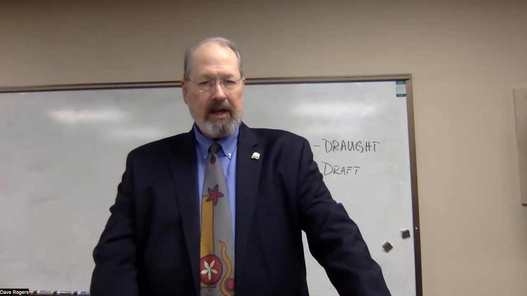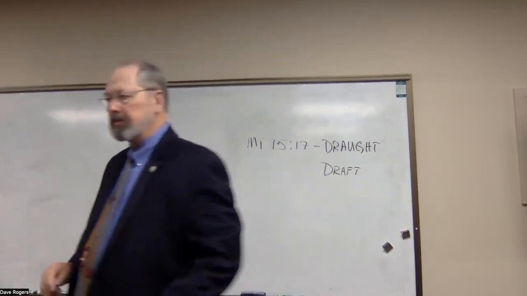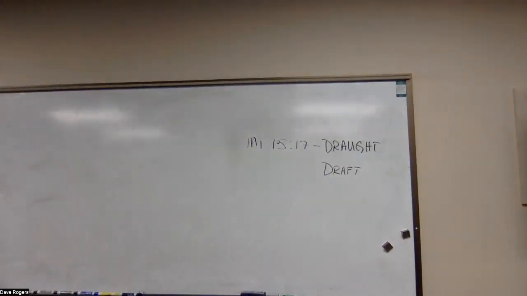Accuracy in expression is the key to understanding on the part of the reader or the hearer. The Apostle Paul made that point regarding the mystery of Christ in Ephesians chapter 3, in verses 1 through 4. Take your Bible and just turn to Ephesians chapter 3, and let's take a moment and read those verses together.